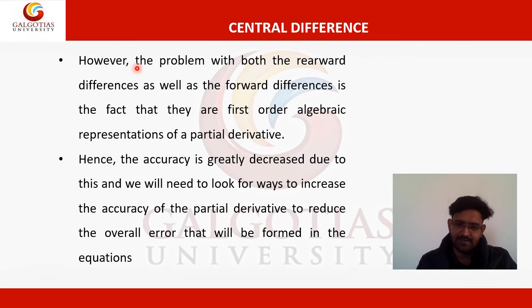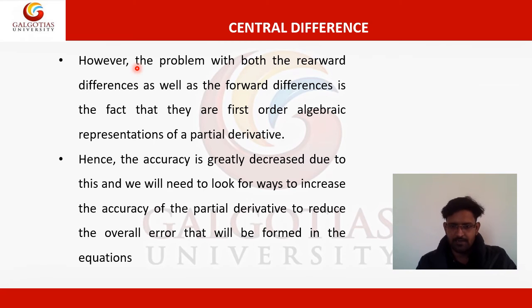Due to this, the accuracy is greatly decreased, and we will need to look for ways to increase the accuracy of the partial derivative to reduce the overall error in the equations. In both forward and backward differences, we are approximating the partial derivative into an algebraic equation, and during that we are neglecting the higher order terms, that is known as the error. So the accuracy of our solution decreases because we are not considering those terms.